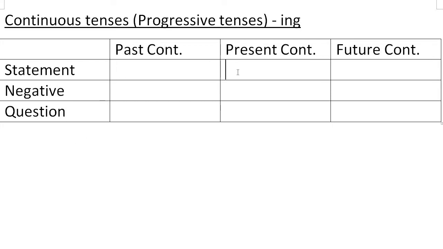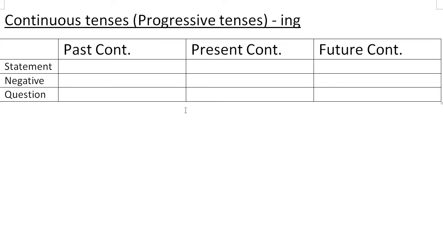Okay, so let's start with the, well, not the easiest one, but simplest one, which is our present continuous. So let's look at a very simple sentence. Let's look at run. Right. First, we need our subject. So I am running.